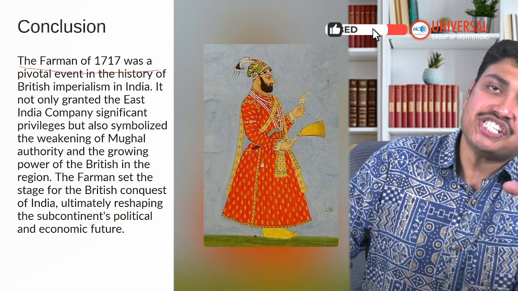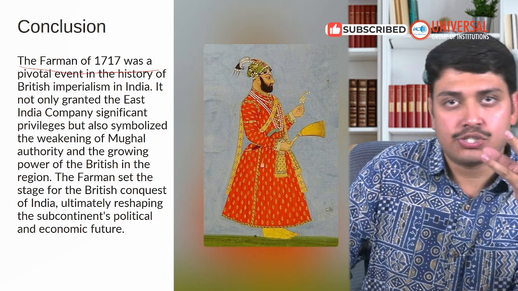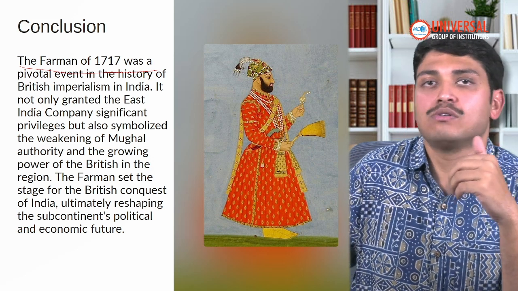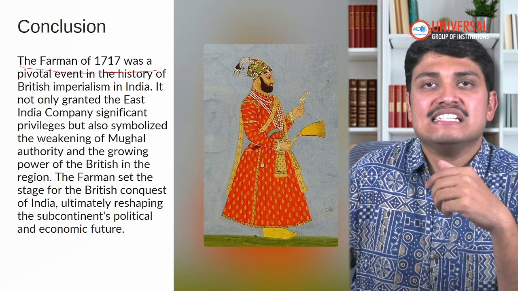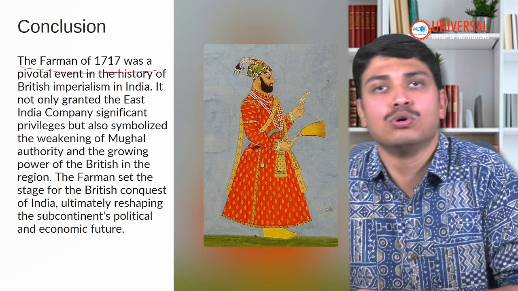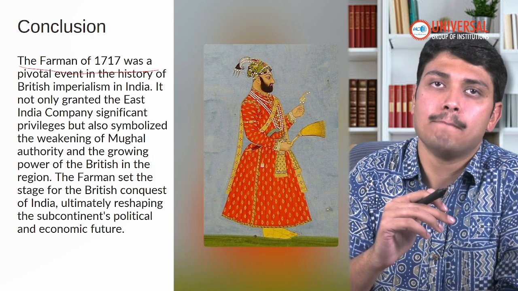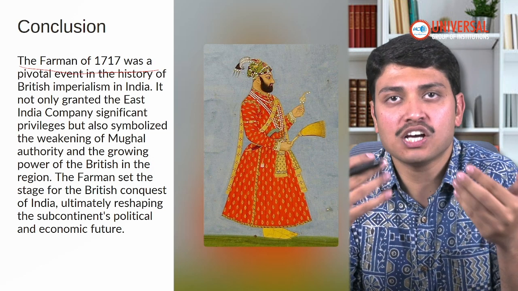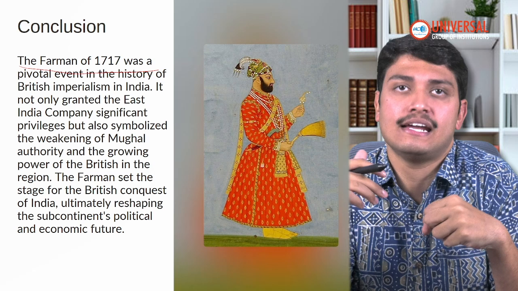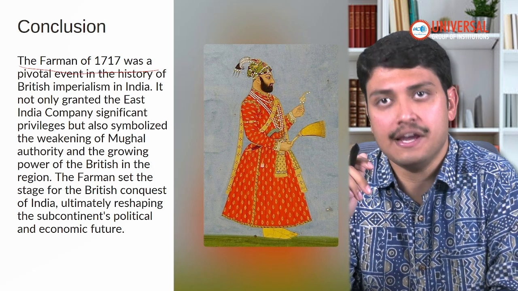The English East India Company came as a trading organization, and through Farmans like Farrukhsiyar's Farman of 1717, they gradually gained political control over South Asia by assuring land rights, by assuring trading rights over certain areas.